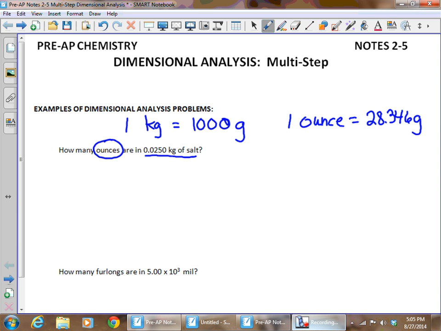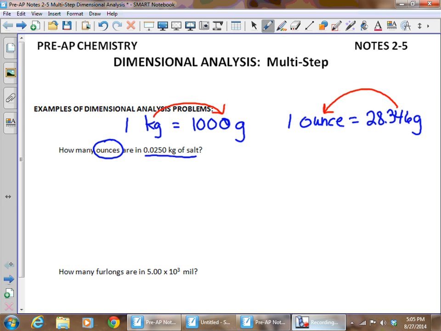So we have a kilogram to gram conversion factor, and then we have a gram to ounce conversion factor. So we have a way using these two conversion factors to get from kilograms to ounces. So let's show how that would look in the problem.